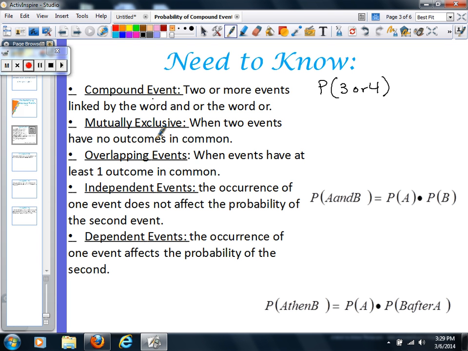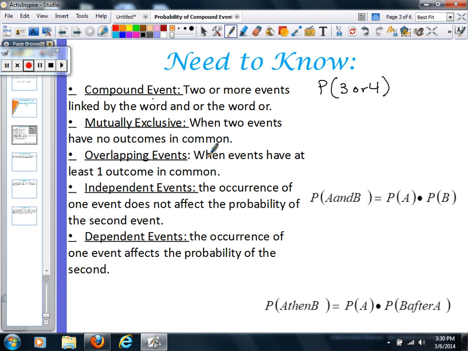Mutually exclusive events is when two events have no outcomes in common, okay? So, for example, I roll a die and I pick a color, okay? And I'm looking for the probability that I'm going to roll a 2 and I'm going to get the color blue.